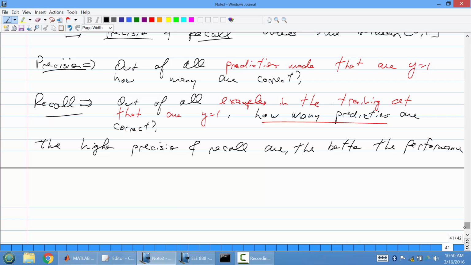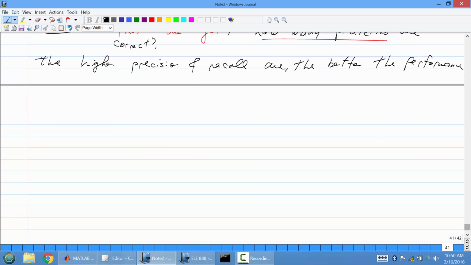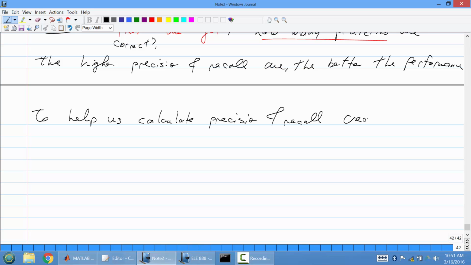Okay, so we're going to create a confusion matrix, and we're going to talk about one more thing here, and we're going to call it a day. To help us calculate precision and recall, we create what's known as a confusion matrix.